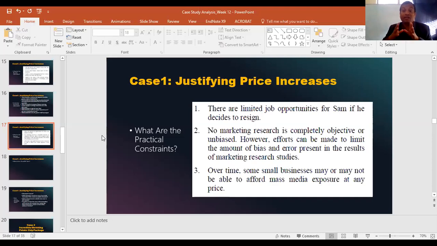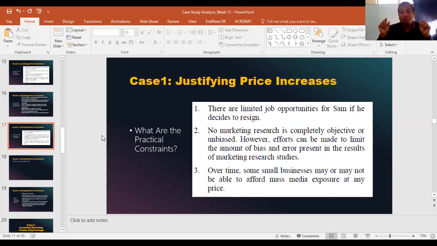No marketing research is completely objective. This point is somehow trying to normalize things. It says that no marketing research is completely objective or unbiased. Yes, that's why in marketing research we know that there are different types of bias. Even the sample which we are selecting is not a 100% sample. We are not doing the marketing research with the population.